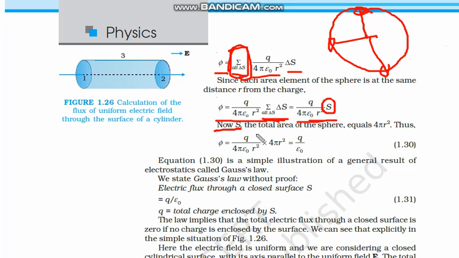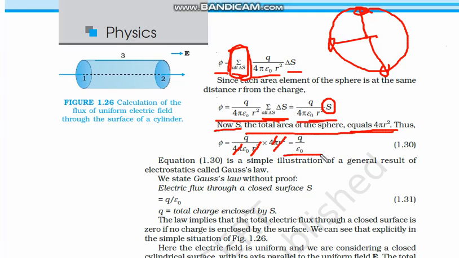Now the total surface area of a sphere is 4 pi r square. Simply we put it in: q upon 4 pi epsilon naught r square into 4 pi r square. So 4 pi and 4 pi cancel out, r square also cancels out, and what remains is q upon epsilon naught.